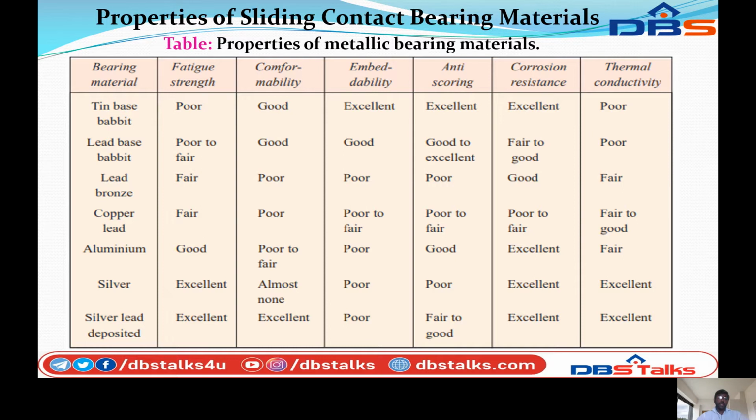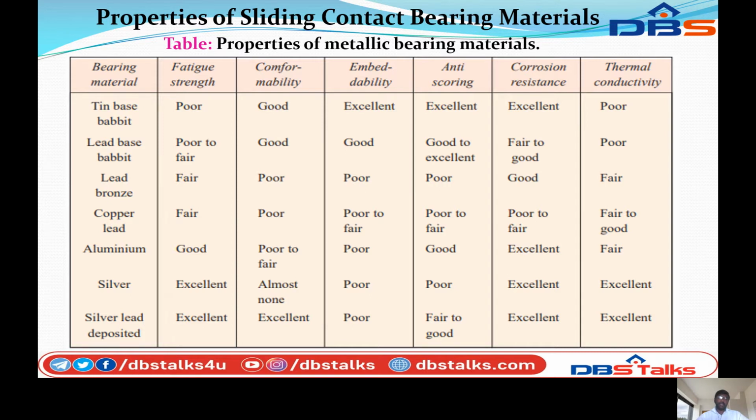Next material is lead bronze. The fatigue strength is fair, conformability is poor, embeddability is poor, anti-scoring is poor, corrosion resistance is good, thermal conductivity is poor.